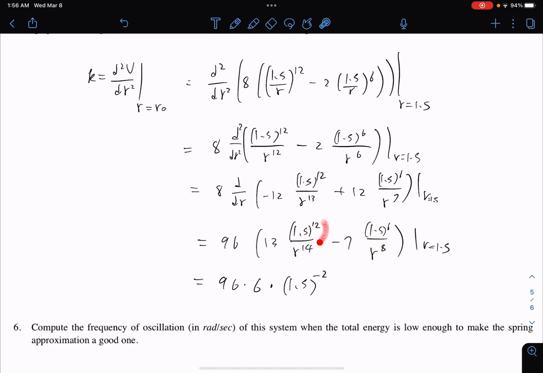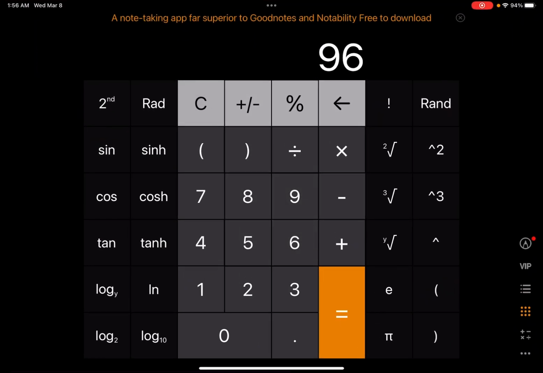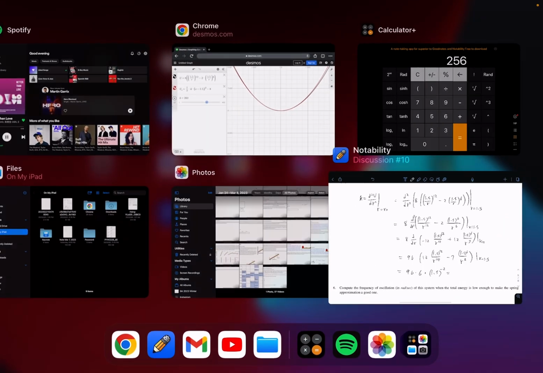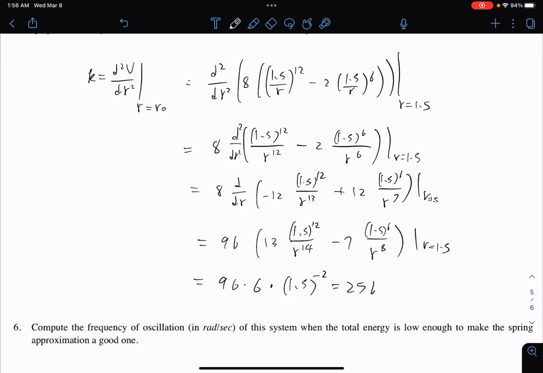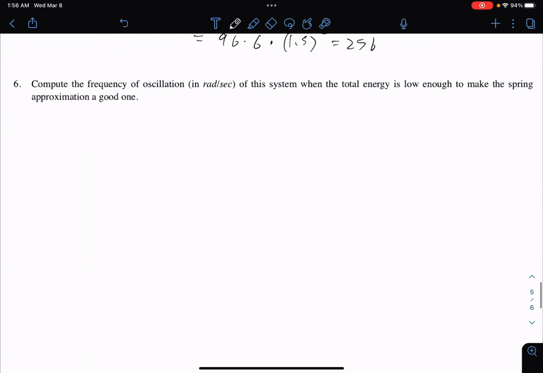They are both two numbers bigger than the numerator's power. So this will give us 96 times 6 divided by 1.5 divided by 1.5, which is 256. So the exact value is 256, which is very close to what we got by just measuring the graph.